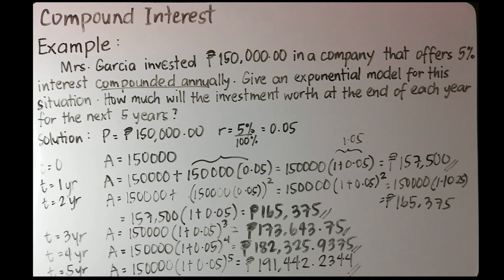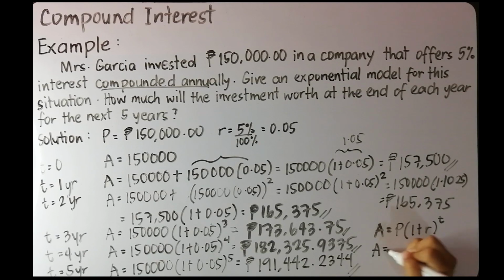So these are the values of the investment for the next 5 years. Now, let's give the exponential model for the compound interest of Mrs. Garcia's investment. Our amount of investment equals the principal value times 1 plus the rate, raised to the number of years.